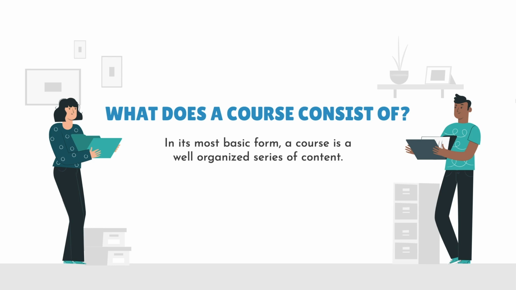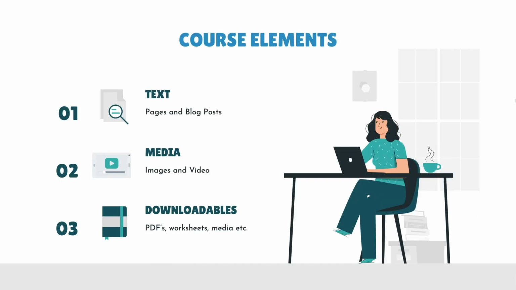If you think about it, a course in its most basic form is essentially a well-organized series of content. And if you think about WordPress as well as Paid Memberships Pro, a lot of that is already available in the default way that you would use WordPress and Paid Memberships Pro.